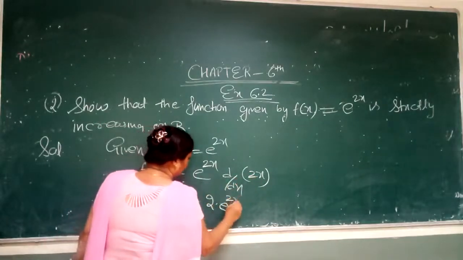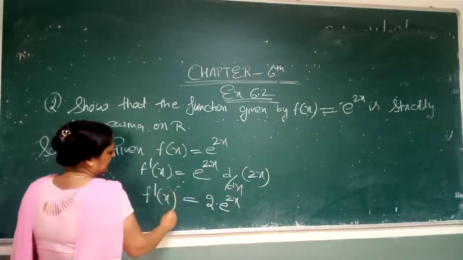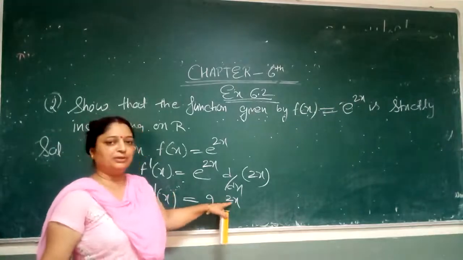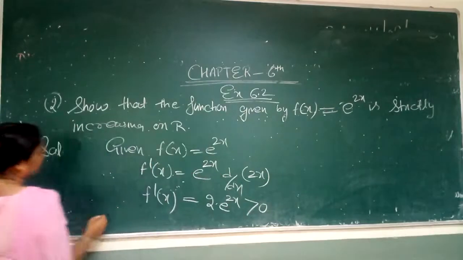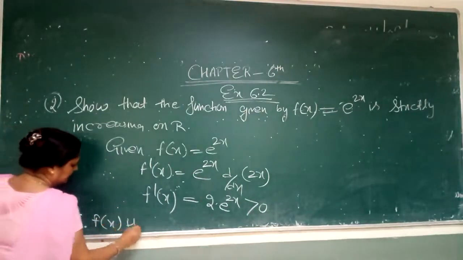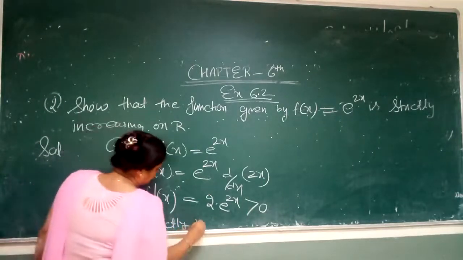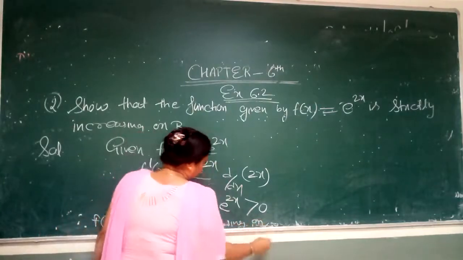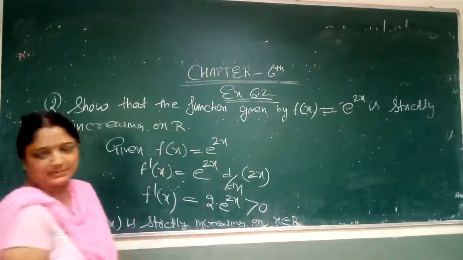So f'(x) is equal to 2 into e raised to power 2x, and this term is greater than 0. Therefore f(x) is strictly increasing on x belongs to R, all real numbers.